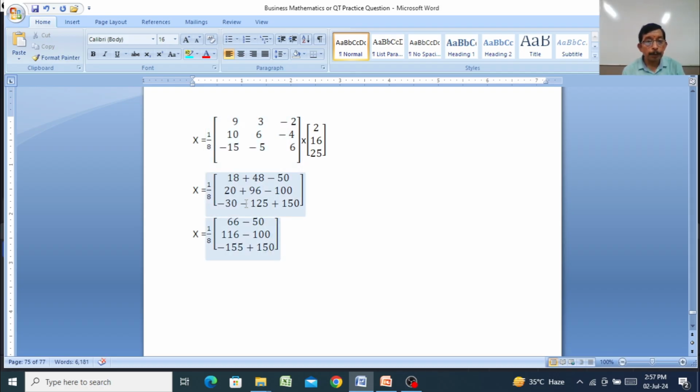Now simplify in the next step. X is equal to 16 times 5, this is the value, 16 multiplied by 5.